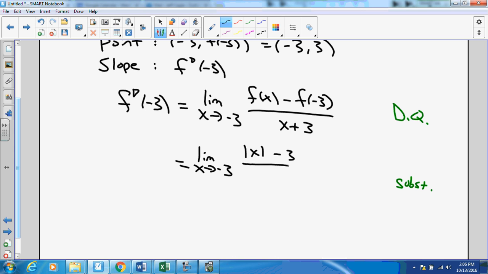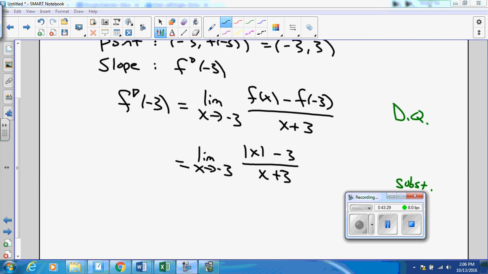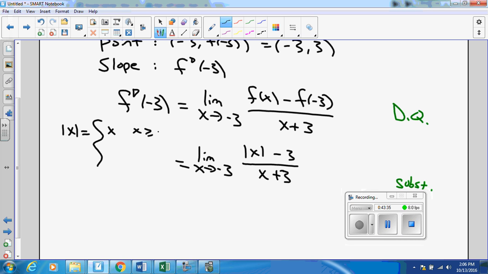Then we're going to substitute. We get the absolute value of x minus 3 all over x plus 3. Well, okay, that's nice, but how do I deal with this absolute value of x? So here I have to go back to my definition of absolute value of x, which is x when x is not negative, and the opposite of x when x is negative.